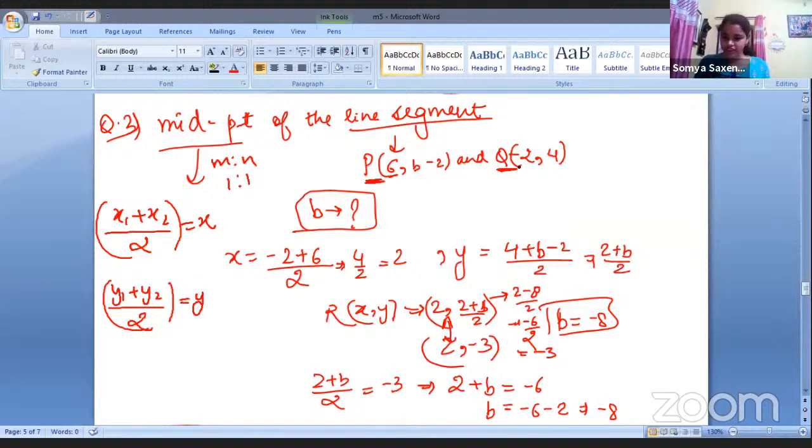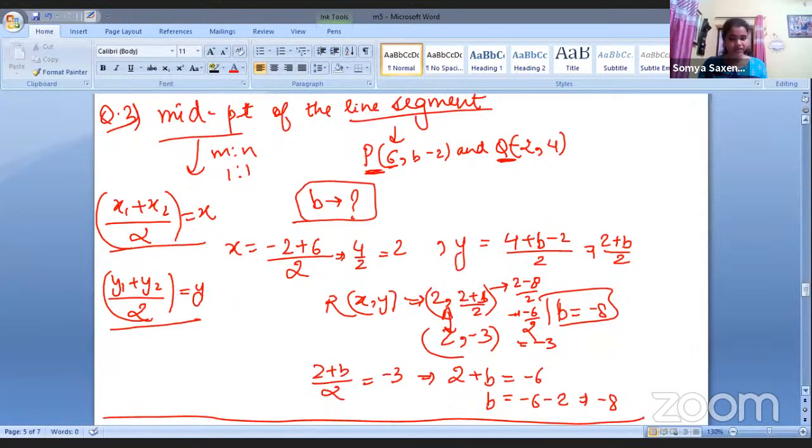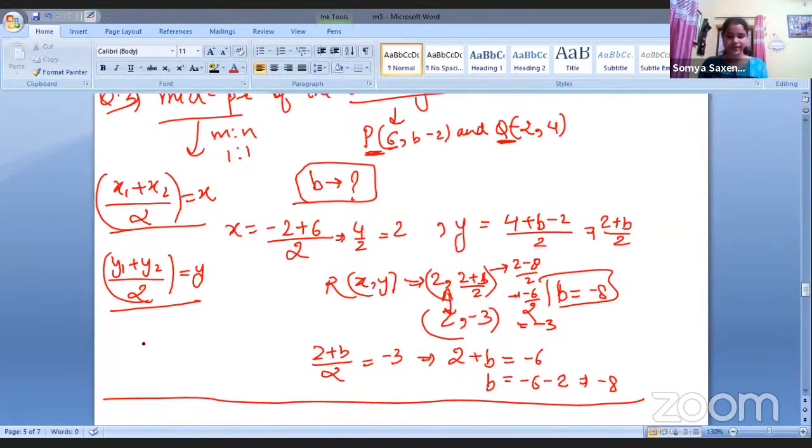So if by chance, Anusha, these 2 points are given to you and we have to find the coordinates of the midpoint, how would you have done this? Where x1, x2, y1, y2 are known to you, just tell me how we would write it.